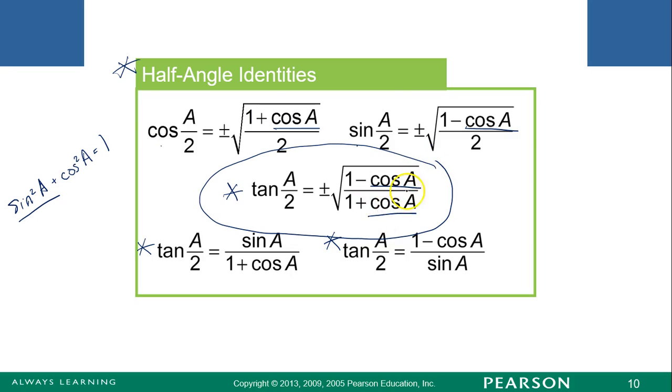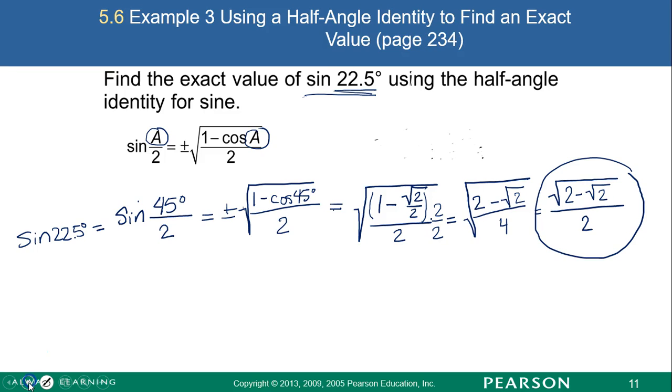Or since we found cosine of s over 2 and sine of s over 2, then tangent of s over 2 is equal to sine of s over 2 divided by cosine of s over 2. We previously found sine of s over 2 and cosine of s over 2, so let's use that fact to find tangent of s over 2.